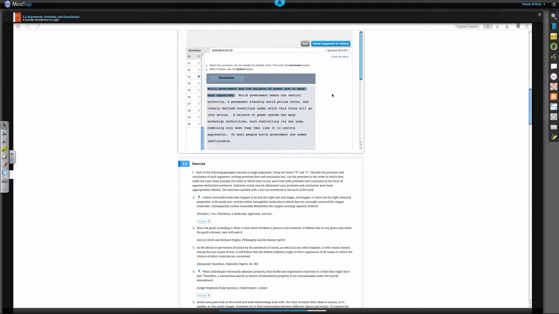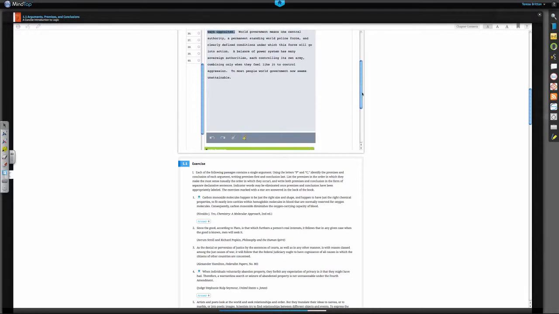I can get some data on people's perceptions. I can't get data on this more theoretical general statement about world government, balance of power, opposites. It is theoretical. Okay, so the first statement is the conclusion. Watch out, over and over again, for that change of tone at the end. It doesn't necessarily mean that the last statement is your conclusion.